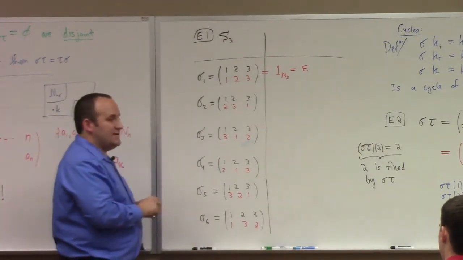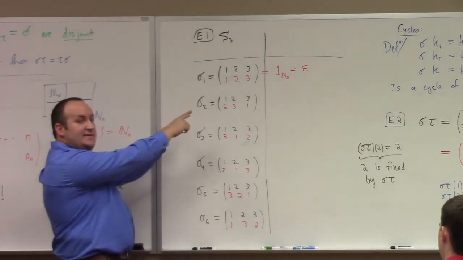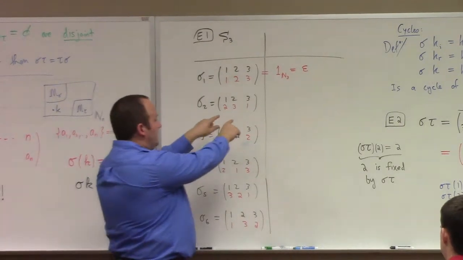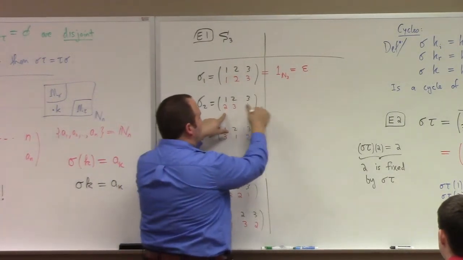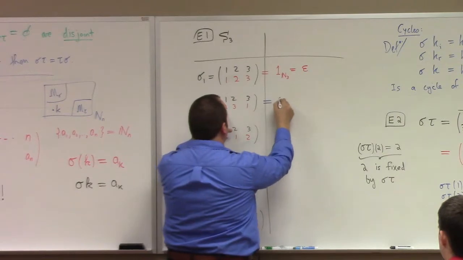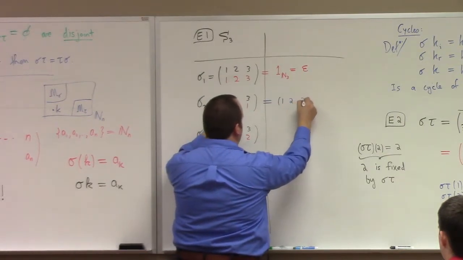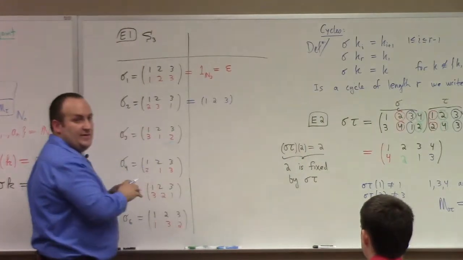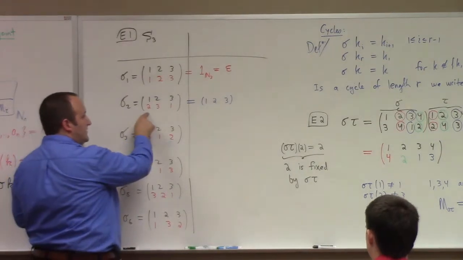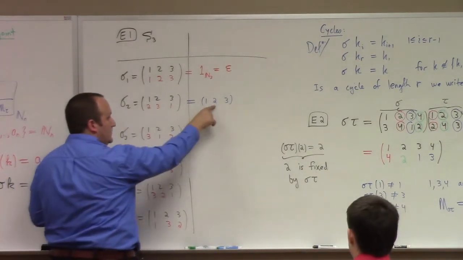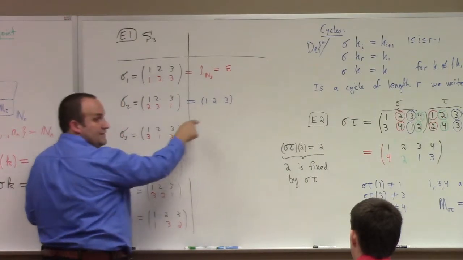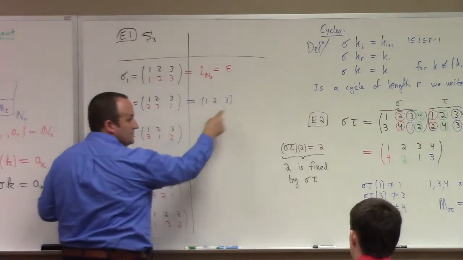What I think is useful is to recast these in cycle notation. So in cycle notation, this is equal to (1 2 3), because what this permutation does is it sends 1 to 2, it sends 2 to 3, and it sends 3 back to 1 again.